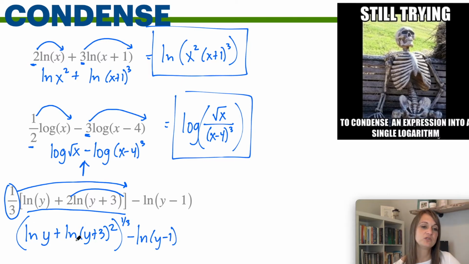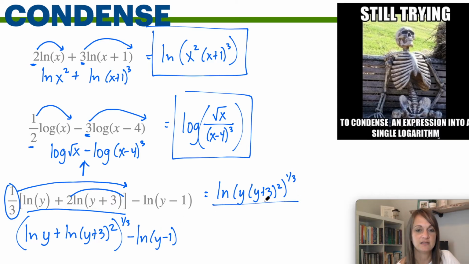Now, when you have two natural logs added, that means you actually can multiply them together. So technically this is the natural log of y times y plus 3 squared, and all of that is raised to the 1/3. And then the minus means division.